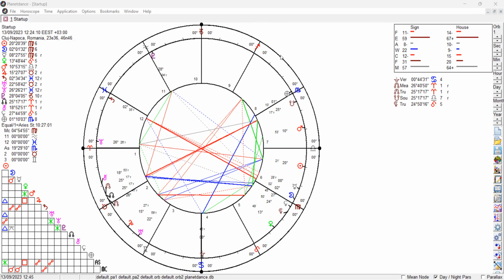Because let me give you an example: surgery, when something is removed from us, like a tonsil or appendix and stuff like that, that can very much be the expression of Scorpio, where Scorpio naturally rules the eighth house, which can have medical elements attached to it.